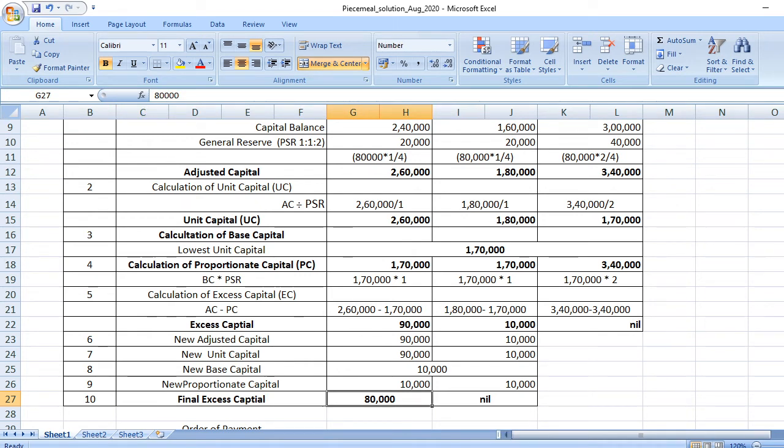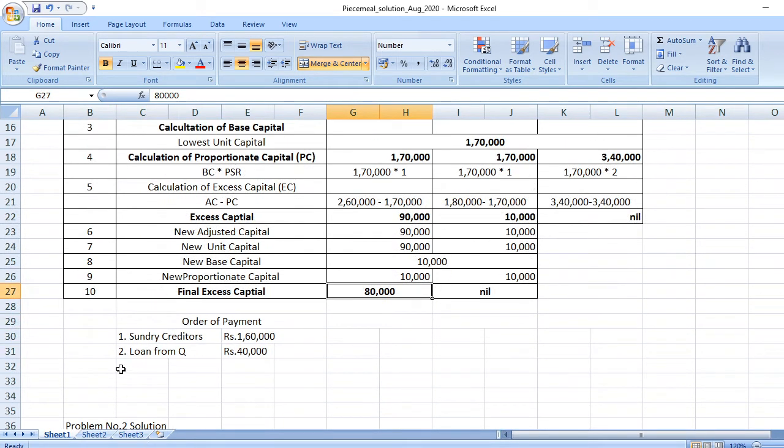These things you have to keep in mind. So we write: paid to partner P, 80,000.